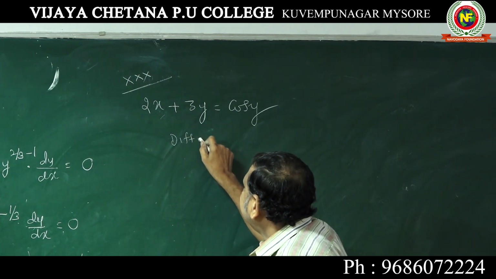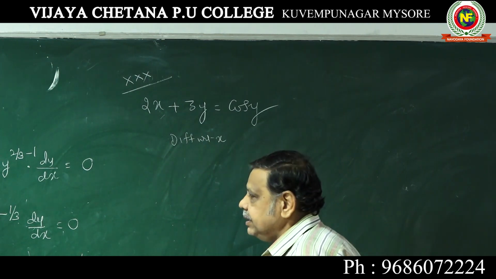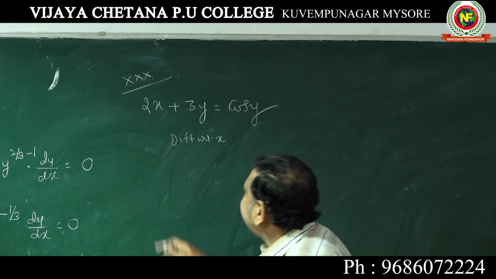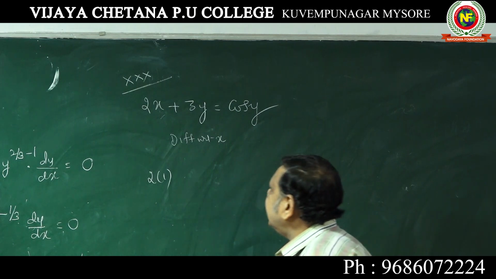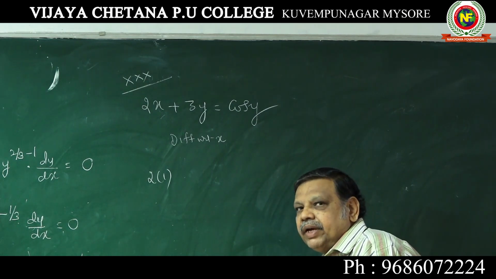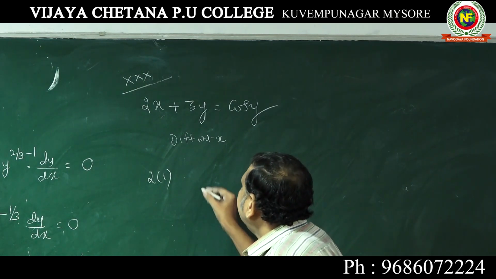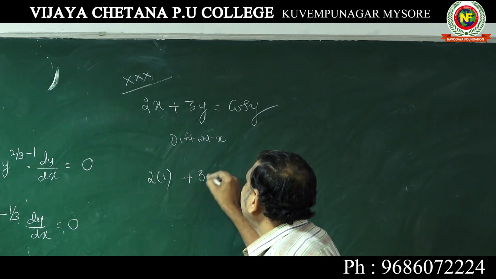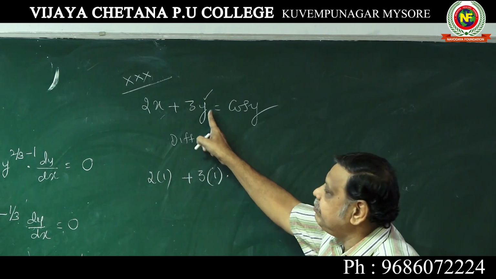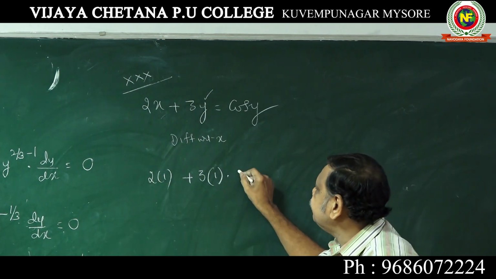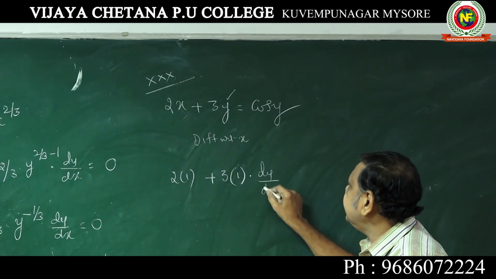The moment you see x and y in the same equation, it is an implicit function. Differentiate with respect to x. So when you are differentiating with respect to x, 2x gives 2 into 1, plus 3 into the differential coefficient of y, which is 1. But once you differentiate y, I have told you many times, you should write dy by dx.